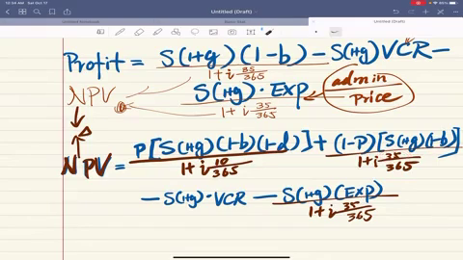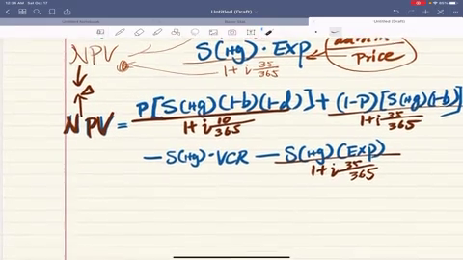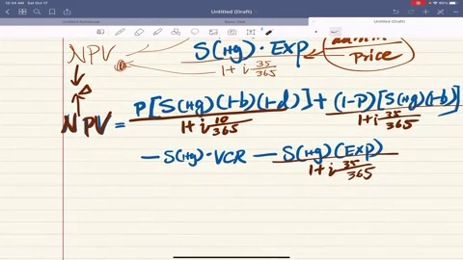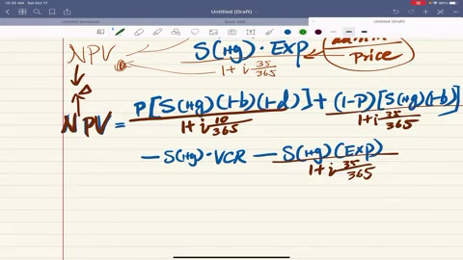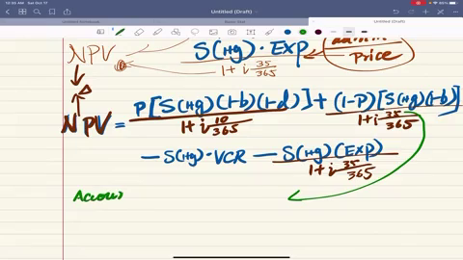How do you get this 35 days, the average collection period? You need some accounting data. First is accounts receivable.